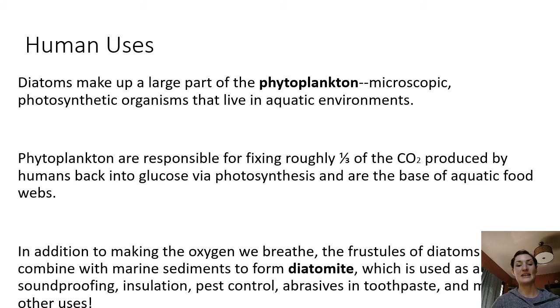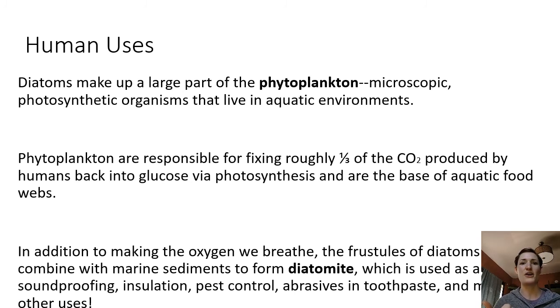Those phytoplankton are the base of the food web for marine ecosystems, and we also have a lot of diatoms on land, so those would be some food source for other organisms. In addition to that, oxygen, CO2 mediation, and creating food, they are used for a wide variety of sources.